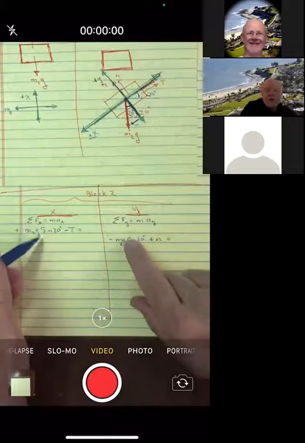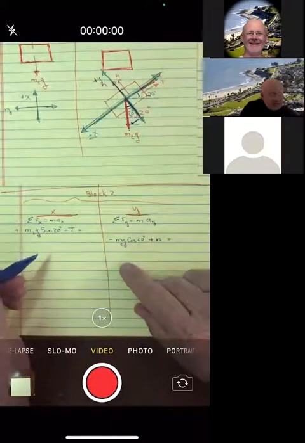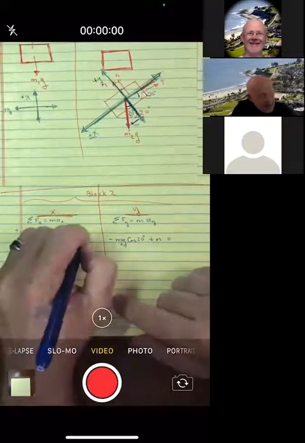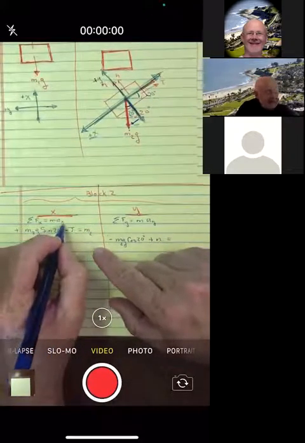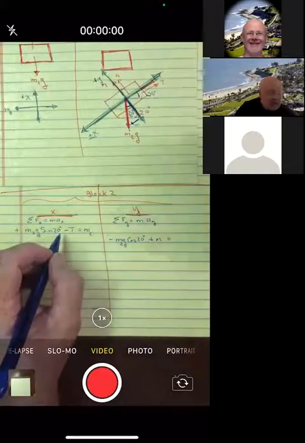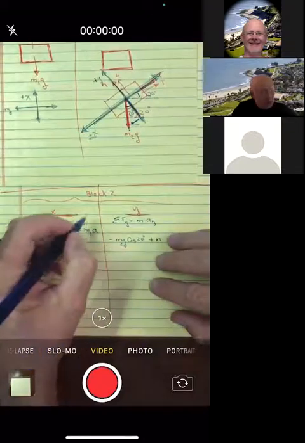But so those are my two columns. There's where I added up my forces in the x direction. Now, what do those have to equal? Well, again, this would be mass of block number 2 times the acceleration. And again, watch this clever trick. The acceleration is the total acceleration.